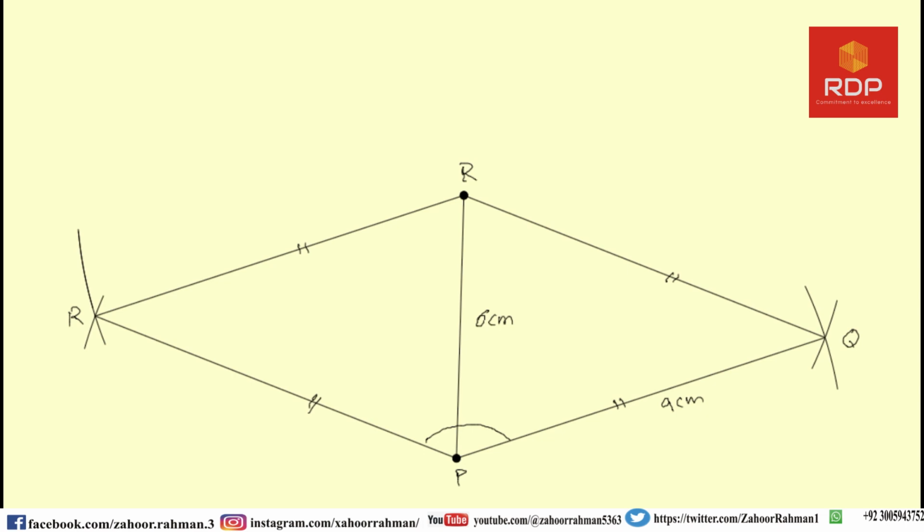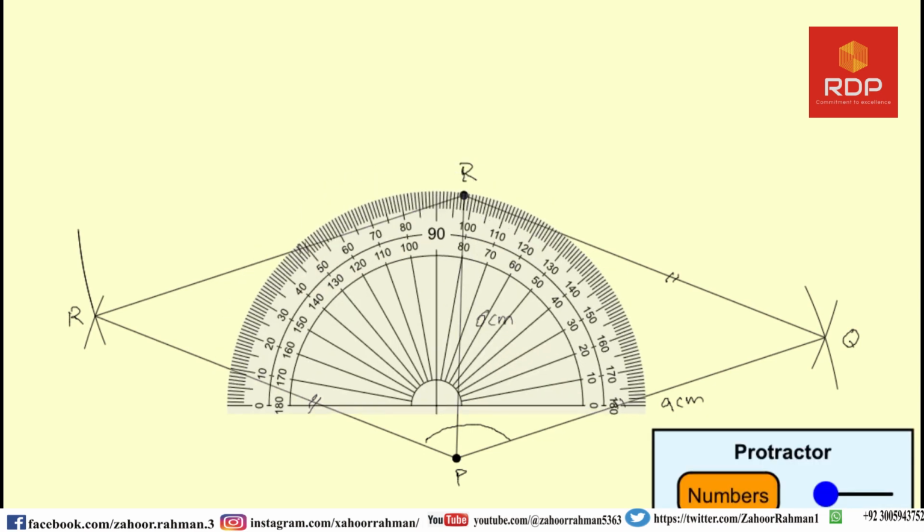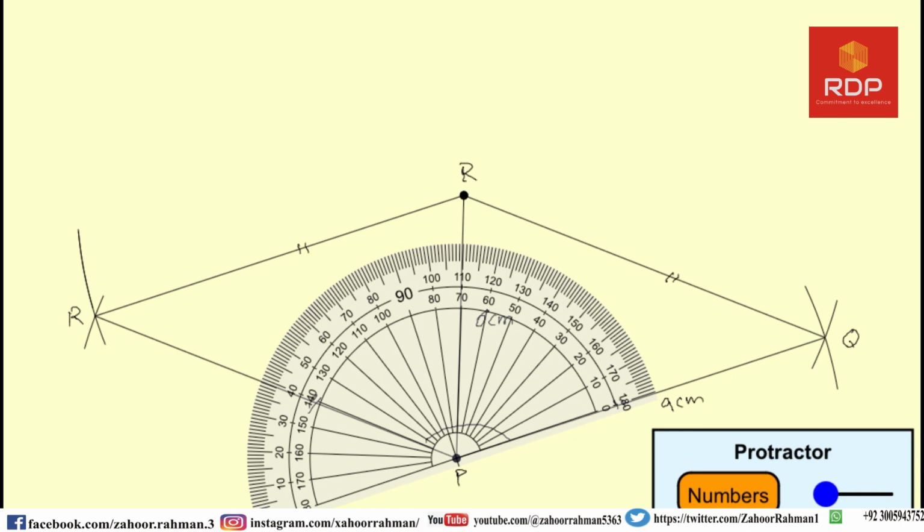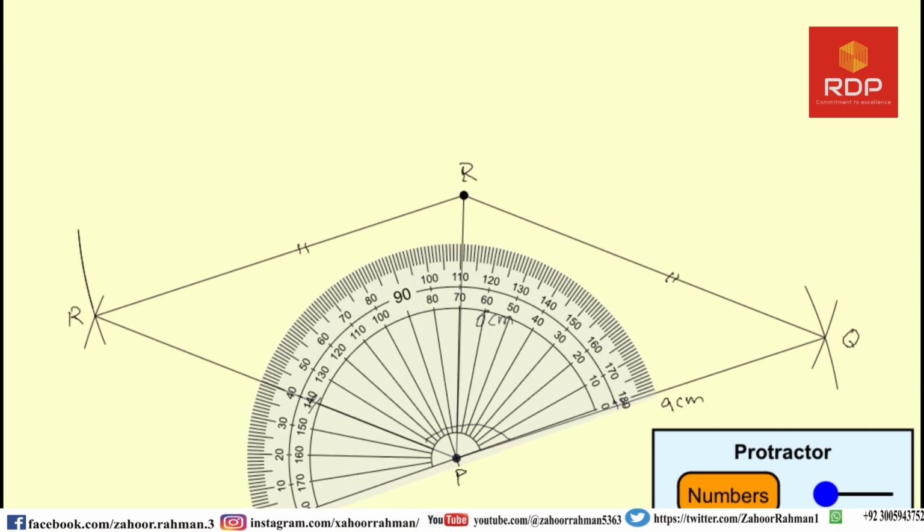So we have to bring this and put it on this line, and similarly we have to take this one. This with me is 140 degree, but with you people it will not be 140 degree.